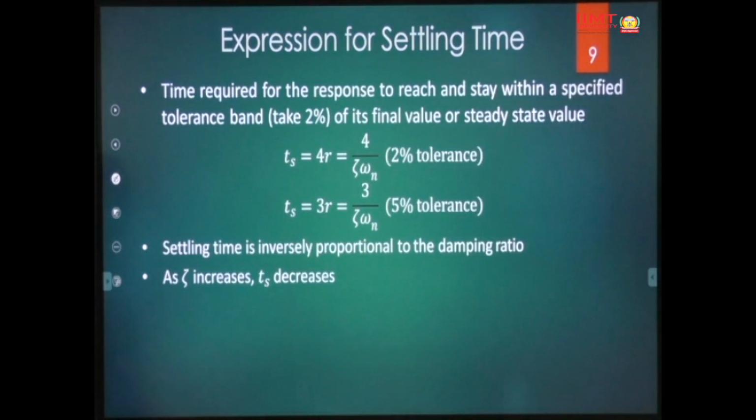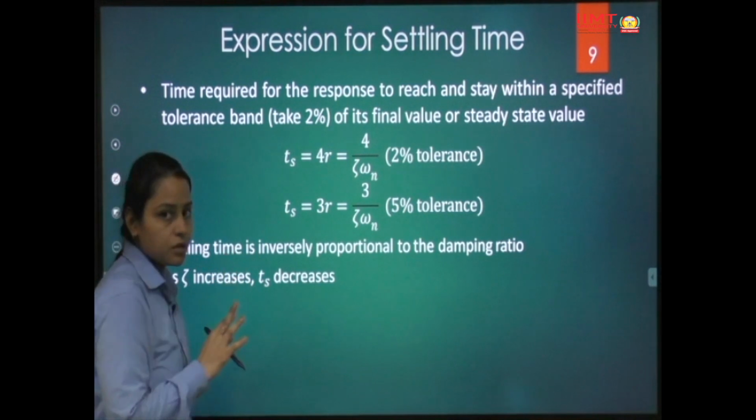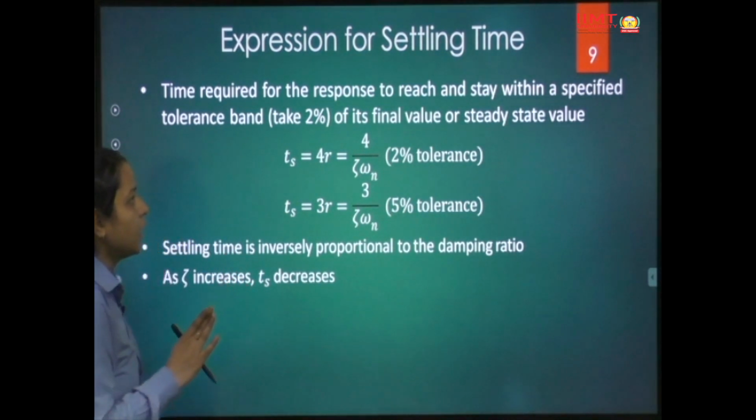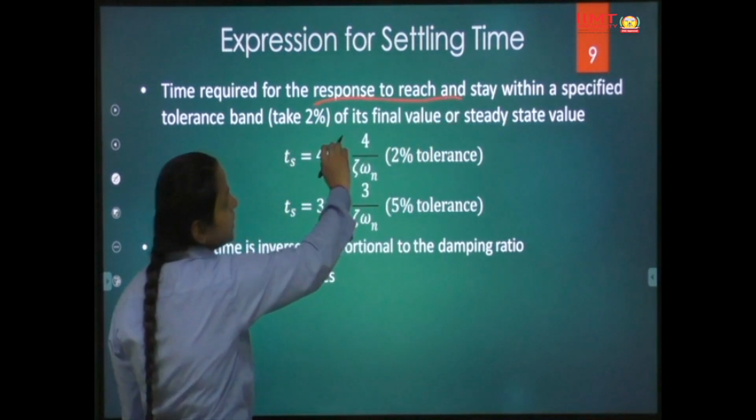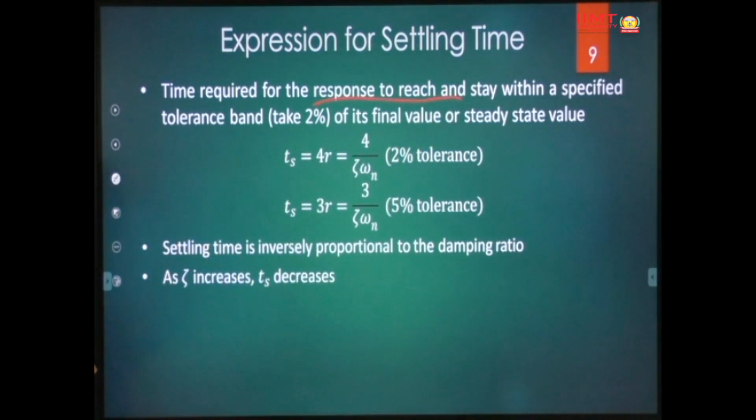Okay. So the expression for settling time, as we have already told you in the previous slide, we have two tolerance bands, 2% and 5%, and the settling time is the time required for the response to reach and stay within a specified tolerance band.